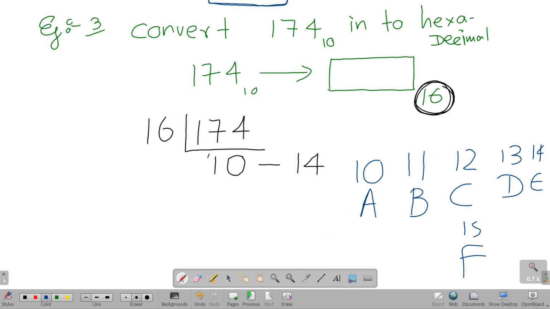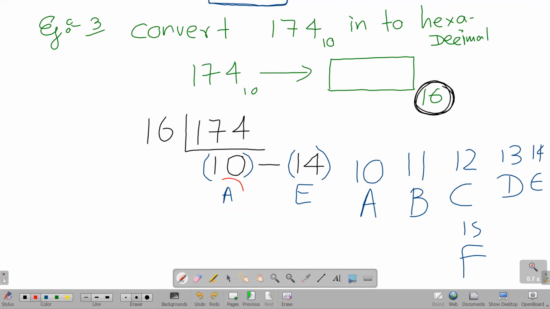Right, so be very careful when you are receiving something like this. Since we are receiving 10, we are not going to write 10. Instead, we are going to write A. And since we are receiving 14 as the remainder, we are not going to write 14. Instead, we are going to write E. So when it comes to the answer, have we received something less than 16? Yes, because 10 is less than 16, so we are going to stop our division.